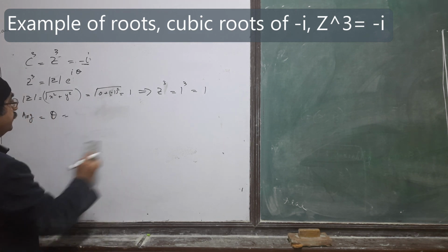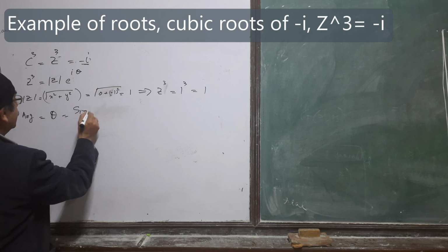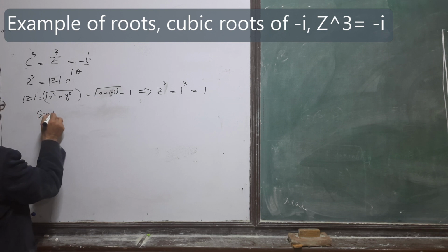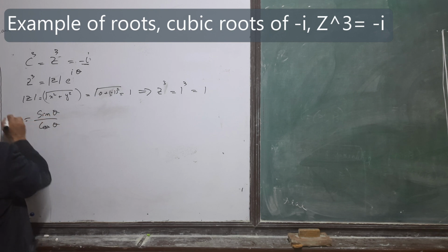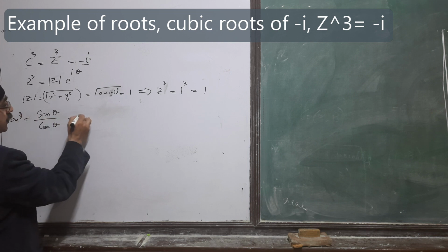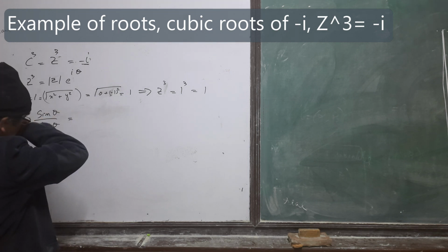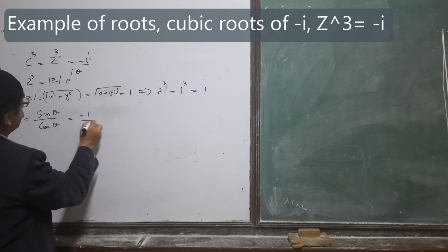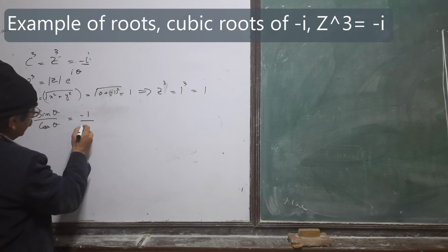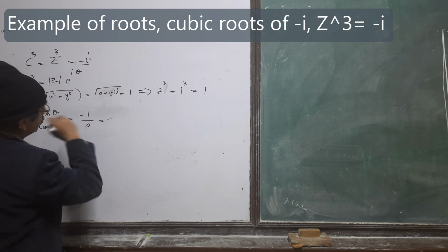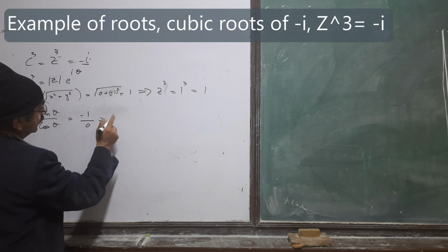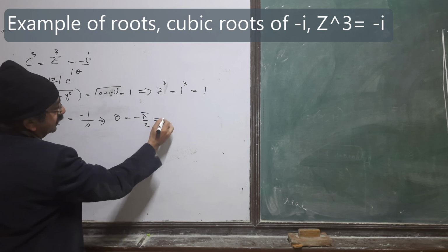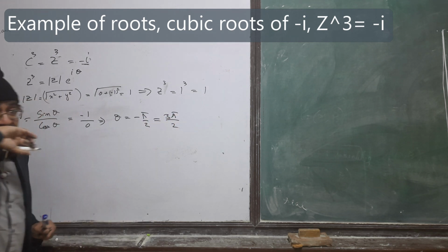Instead of tan inverse, you take sin theta over cos theta. Okay, that is tan theta, where sin theta is minus 1 and cos theta is 0. So when this happens, theta will be minus pi by 2, and that is equal to 3 pi by 2.